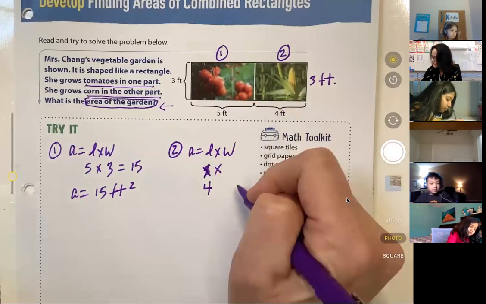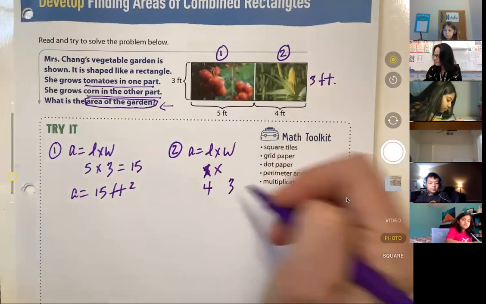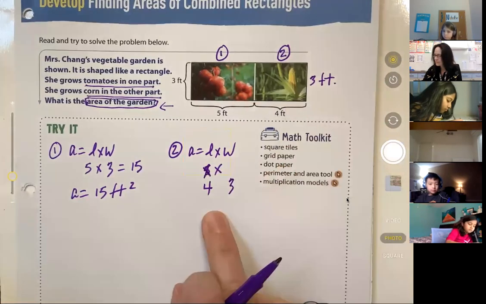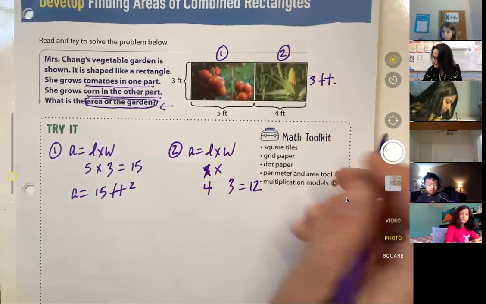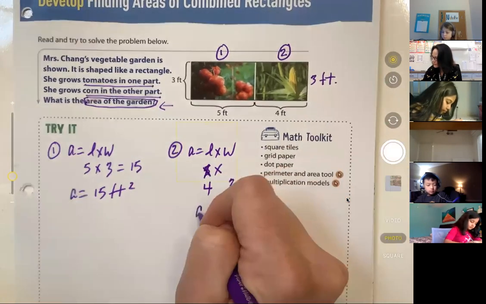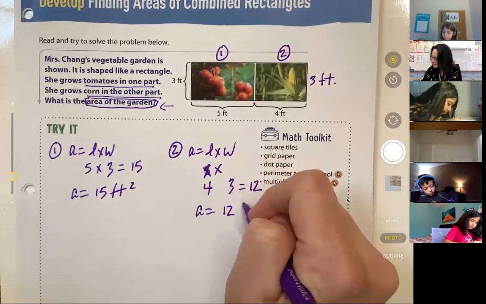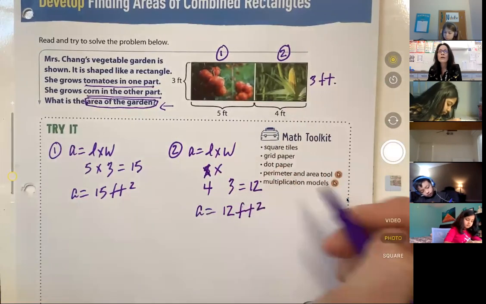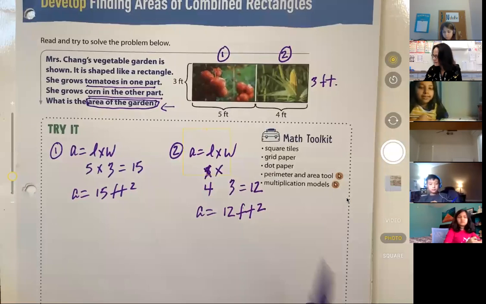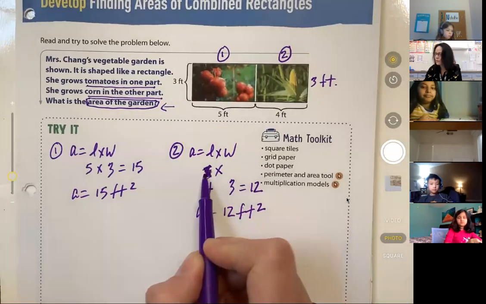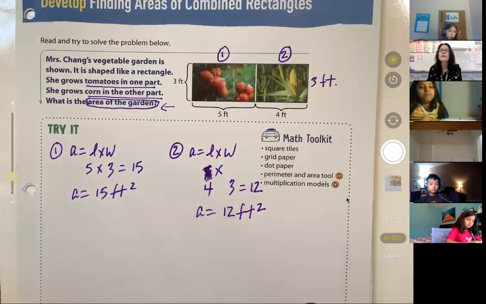And 3 feet in width. And that, of course, is 12. So this area equals 12 feet squared, or 12 square feet. Again, my apologies, friends. Working on corn there. I'm very sorry if I confused you.